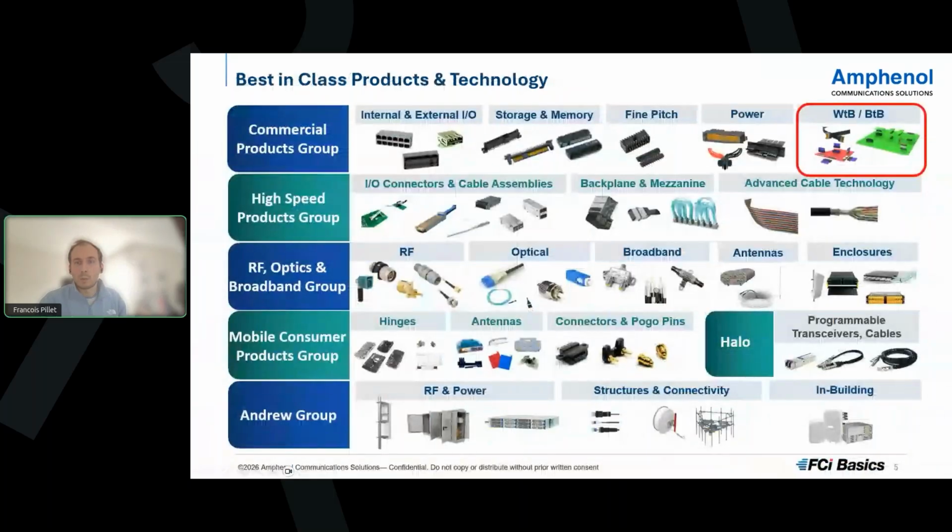The products that we will show in this webinar belong to the ACS division, and more specifically to Amphenol FCI Basics within the Amphenol Commercial Product Groups, ACPG.